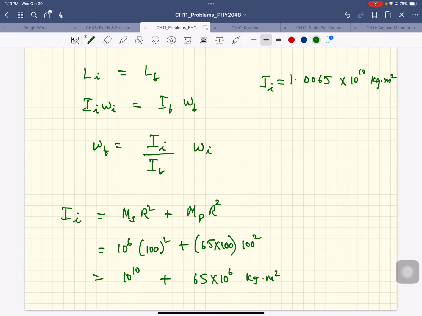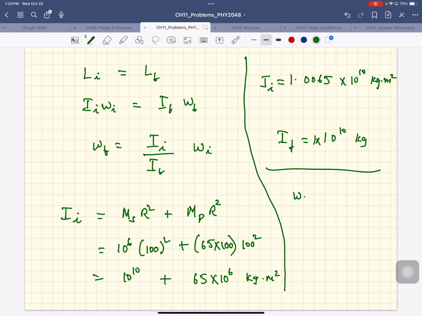What is I final? It's just the space station, 1 times 10 to the 10. Is it supposed to be 10 to the 10? Yeah, 10 to the 10. What I'm saying and what I'm thinking are two different things.